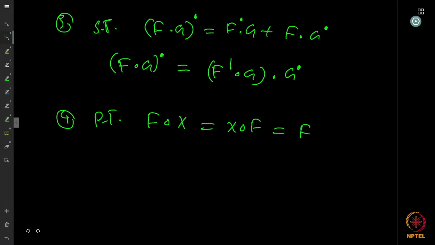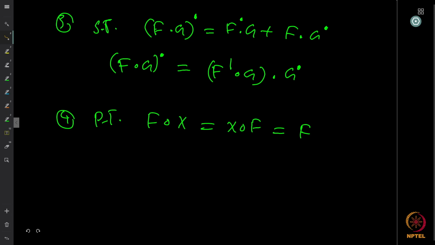A third question is to show that the pointed species of the product f times g, (f g) dot, is f dot times g plus f times g dot.